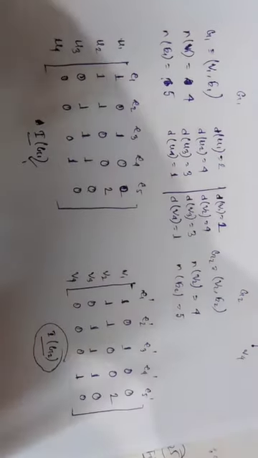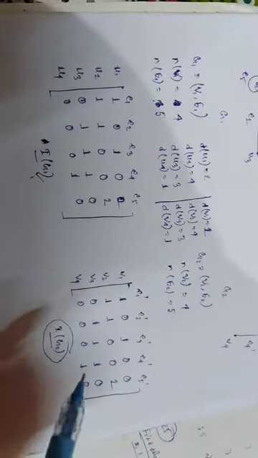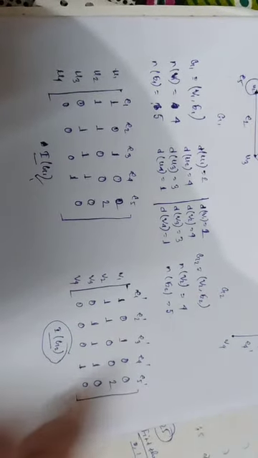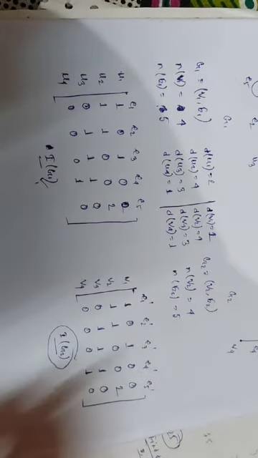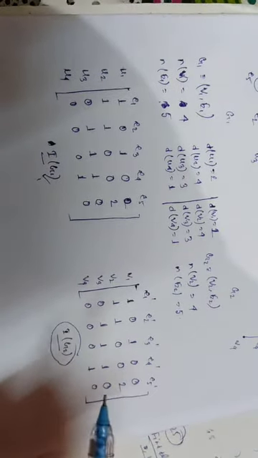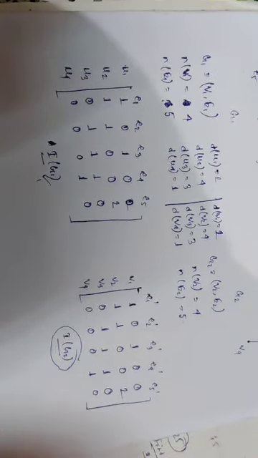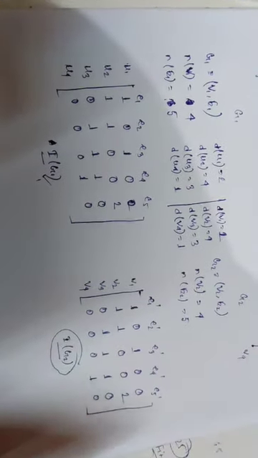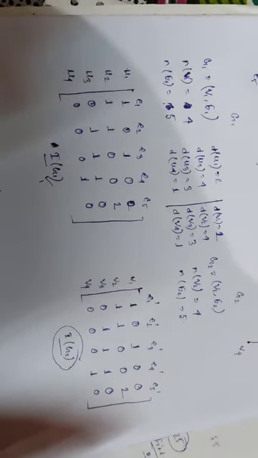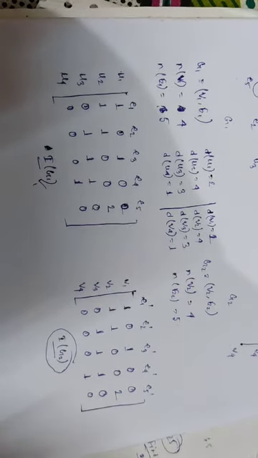And sometimes you have to change the rows and columns by permutation, and after the change of rows and columns, if the two matrices are not same, then you can say that the two graphs are not isomorphic. This case may happen. So I hope you understand. So thank you.